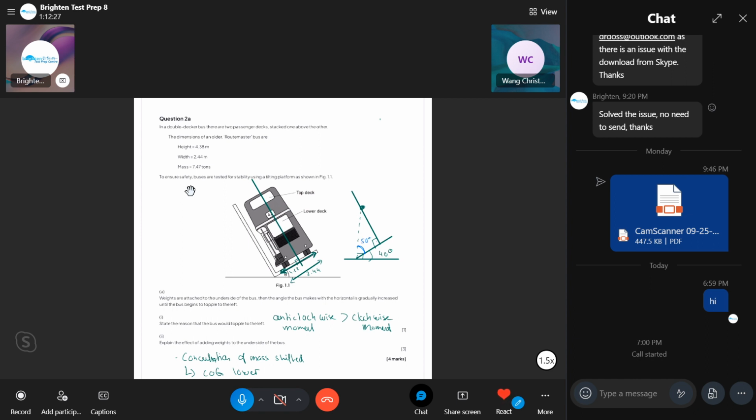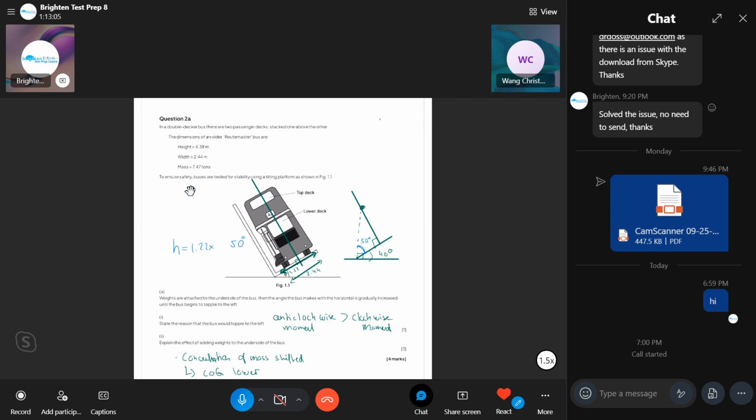And henceforth, in order to get the height, it's cosine 50 degrees times the 2.44. Wait, no. 1.22. Yeah, 1.22. Okay. And what will you take for the 50? Cosine.